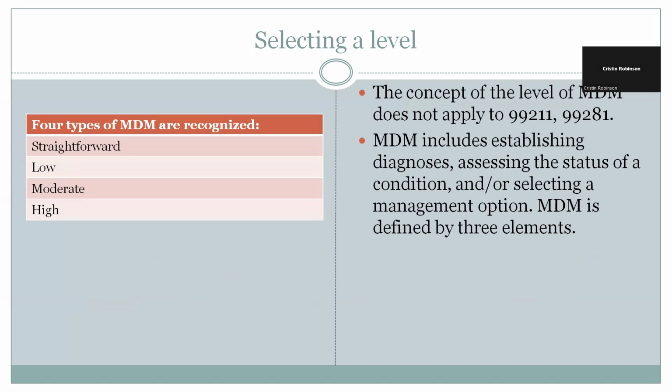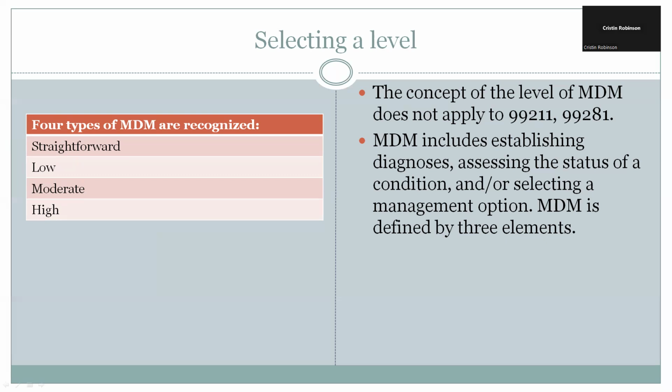So now let's get into selecting our level. So there's 4 types of medical decision making that is recognized. If you see the table on the left, you'll see that we have straightforward, low, moderate, and high. The concept of the level for medical decision making does not apply to 99211 or 99281 because the provider is not required to be part of that face-to-face encounter.